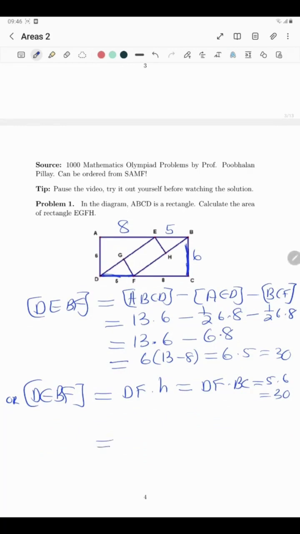Okay, now we can also use an alternative base, which is BF. So if I'm using BF as a base, what will be the vertical height? Remember, EGFH is a parallelogram. So that means that if I'm using the base BF, the vertical height would be FG. Now, do we have BF at the moment?